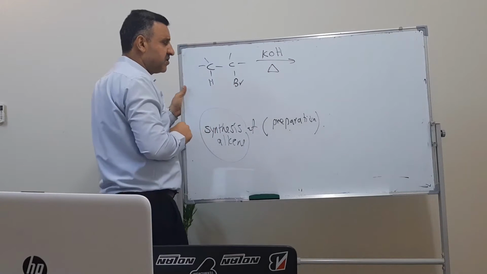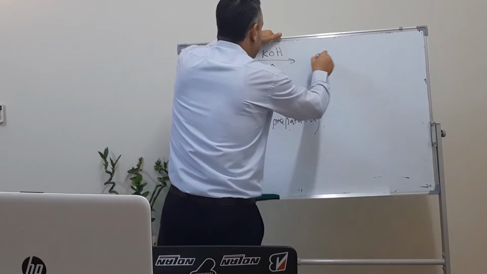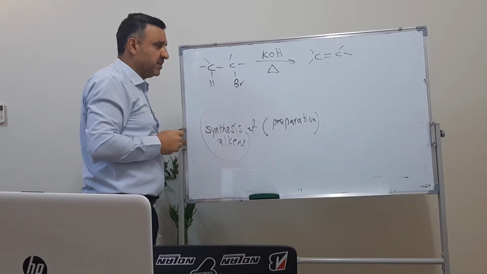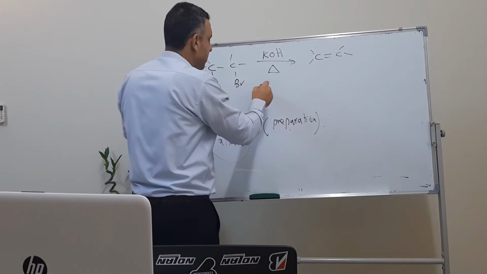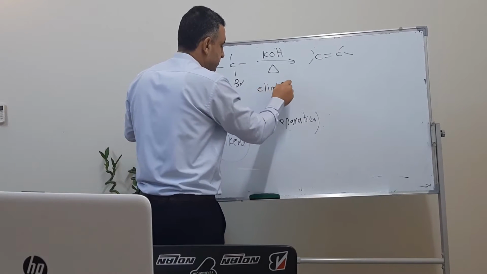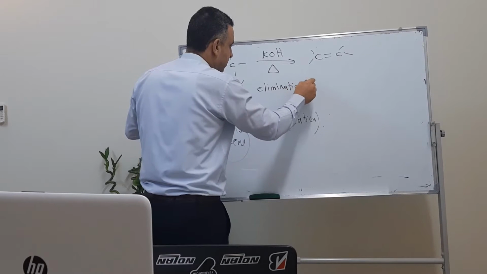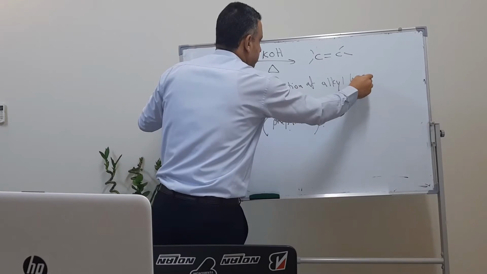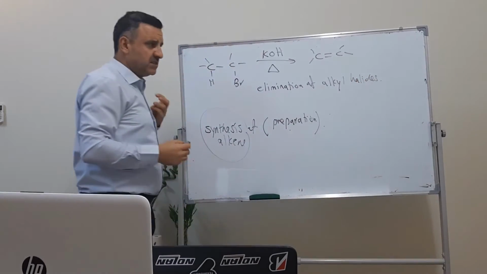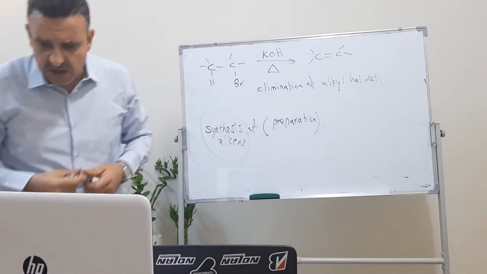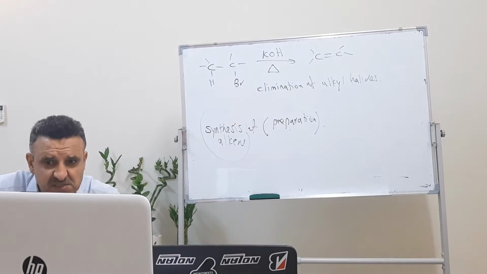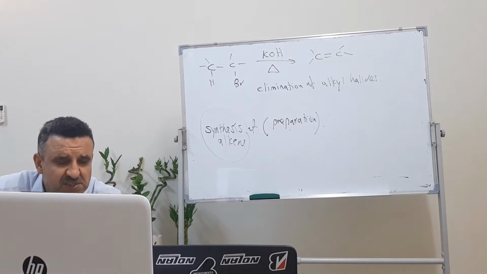In presence of strong base with heat, we can always convert alkyl halides into the corresponding alkene. So this is elimination of alkyl halides. We will come to this later on in chapter 11, the details of this reaction. But this is just to know what's the method used to prepare alkenes.